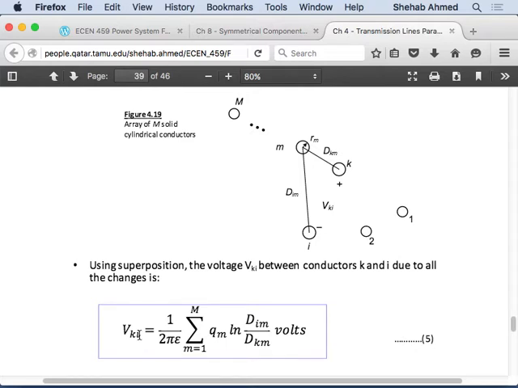This conductor can be K and can be I. Or it can be, for the general case, M. And M goes from 1 to capital M: 1, 2, K, I, small m, capital M. All of the conductors. We want to find the voltage between conductor K and conductor I due to all the conductors in the vicinity of these two conductors. So we will just apply this summation.